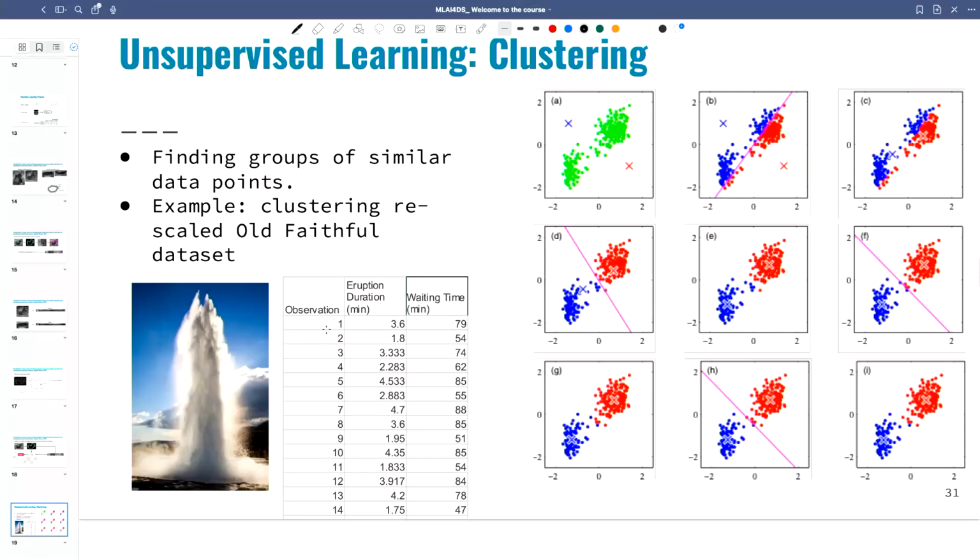So these are the measurements and observations. Each observation is a data point, and for each data point you have eruption duration, maybe here, and waiting time here. Waiting time means when the eruption has gone, how long we should wait to see the next eruption.